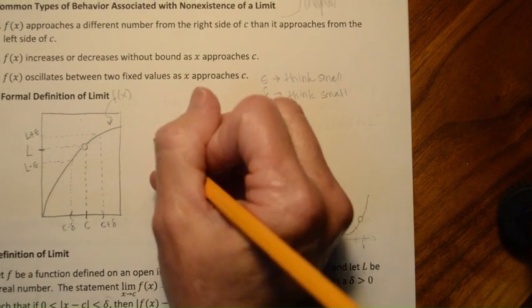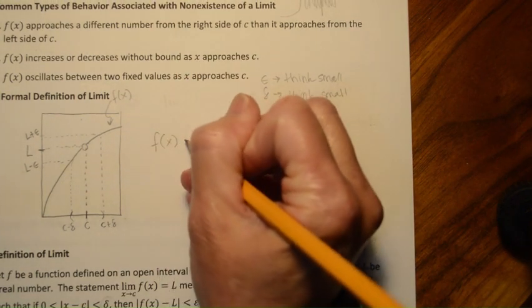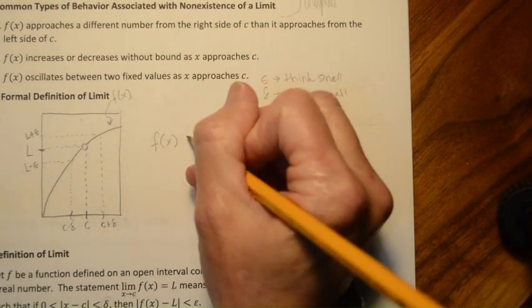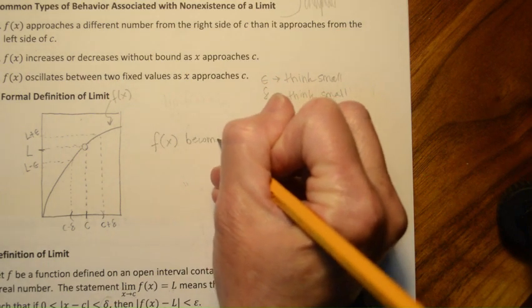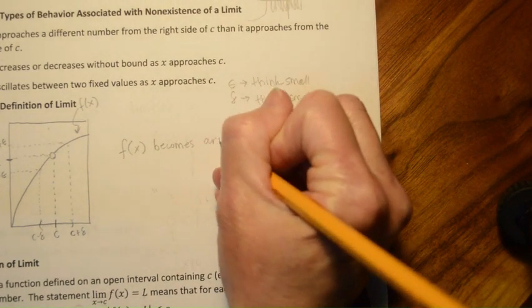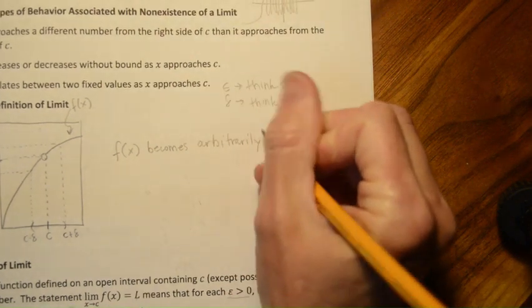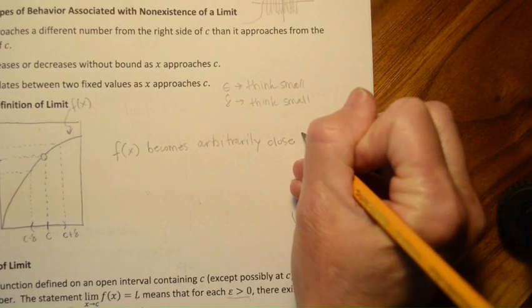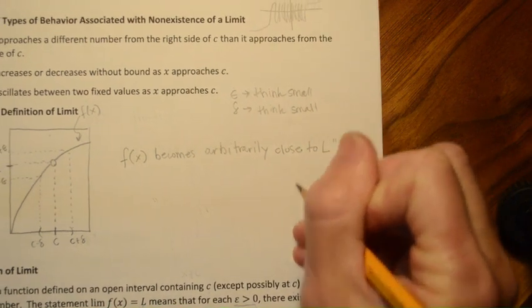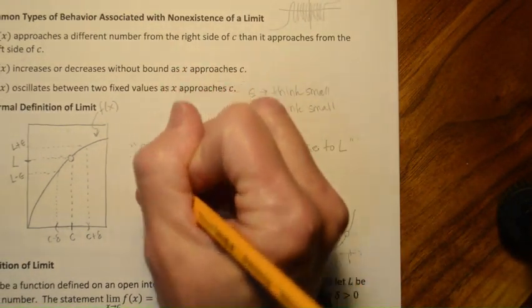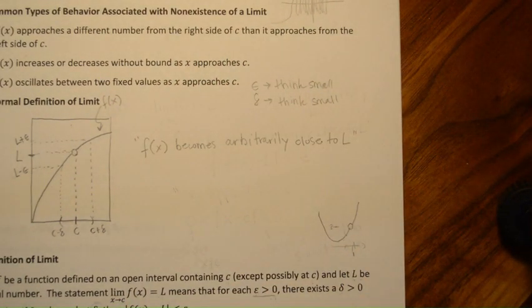So let's be a little bit more explicit right here. I didn't make up this definition: f of x becomes arbitrarily close to L. That was an expression that I think we used on the very first page of our notes.